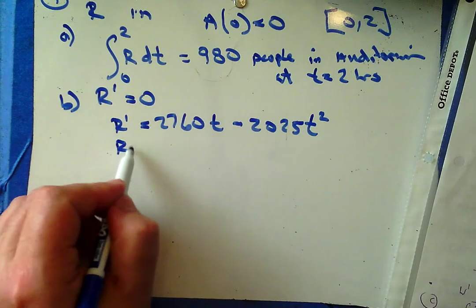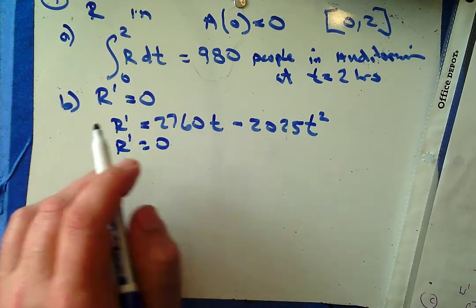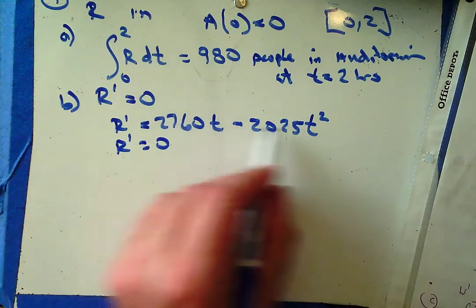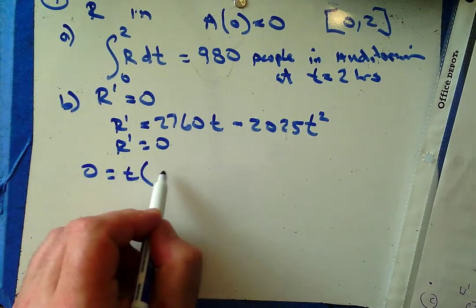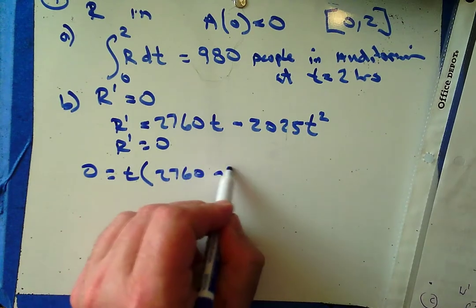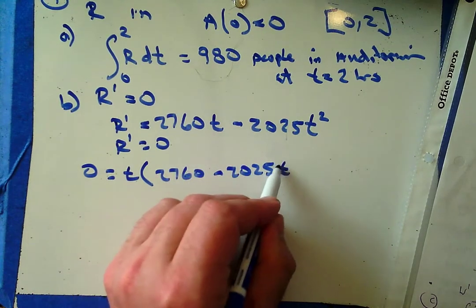If I set r prime equal to 0, I can factor out a t and say 0 equals t times (2760 minus 2025t).